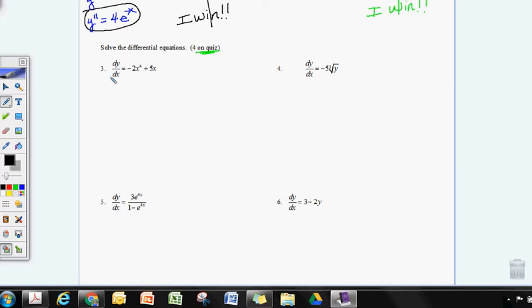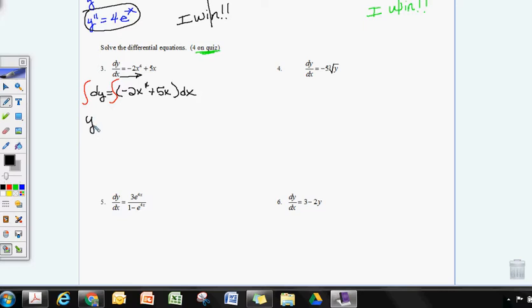For this first one, there's a dx that's got to be moved over, and I'm left with dy equals the negative 2x to the 4th plus 5x, and that is all times that dx. If you don't put the parenthesis there, I'm okay with that. So remember, you do have to tell me that you are integrating these things because that's the process we're doing.